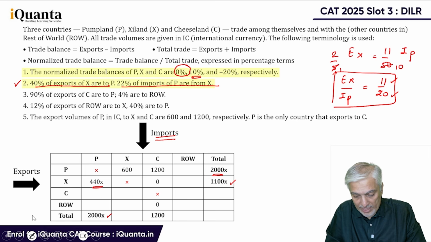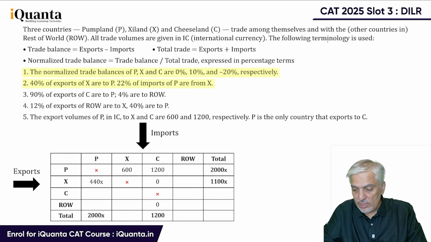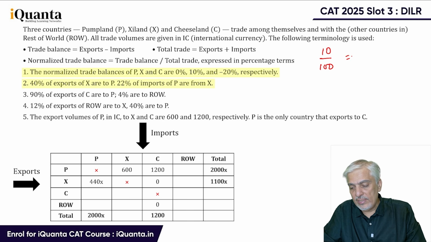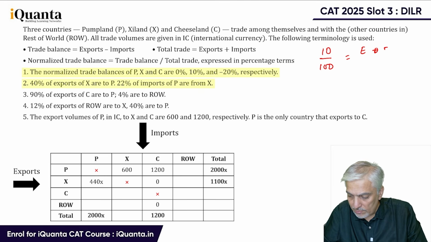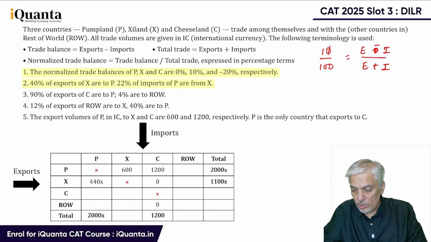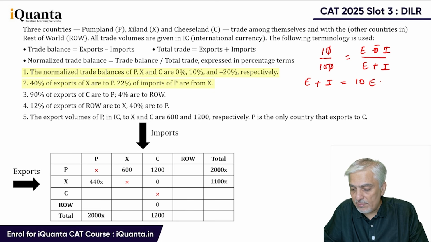So I'll show you the calculation one time. This 10%, if you want to write 10 upon 100, is exports minus imports upon exports plus imports. Cross multiply: E plus I is 10E minus 10I.